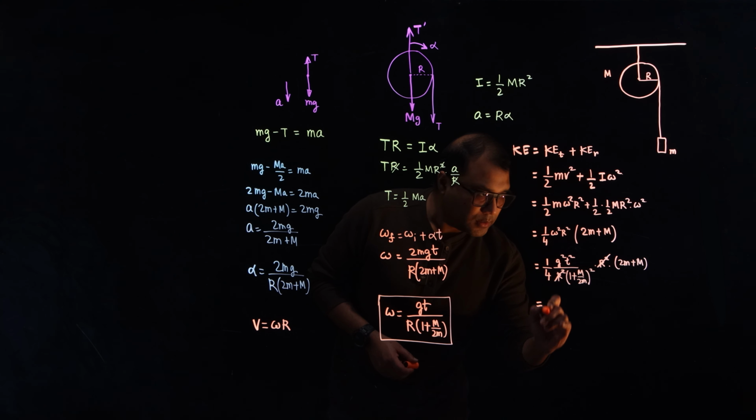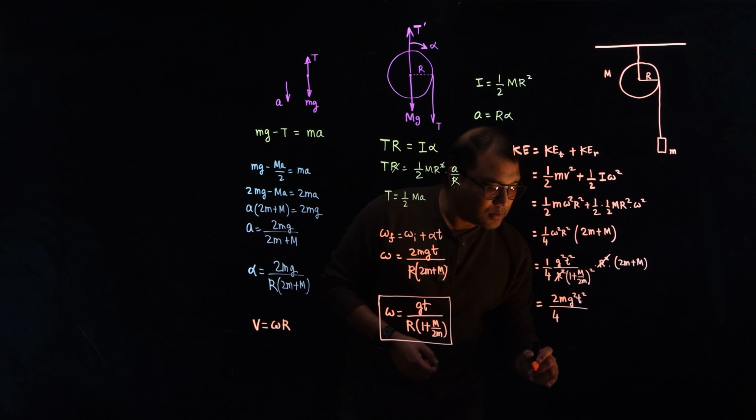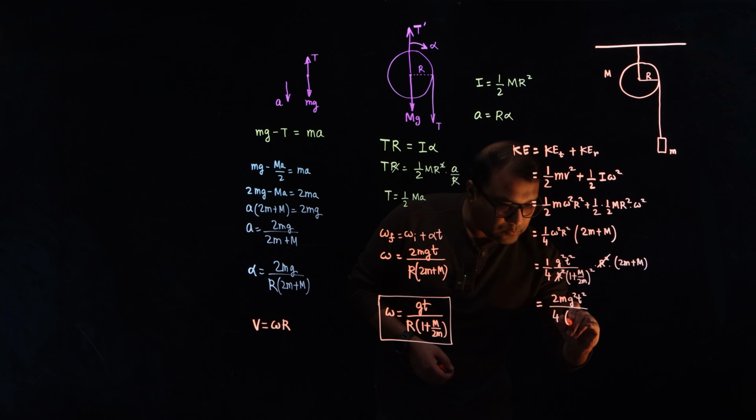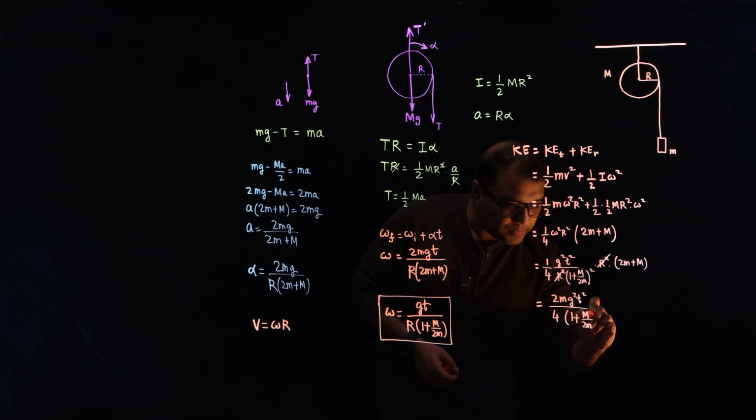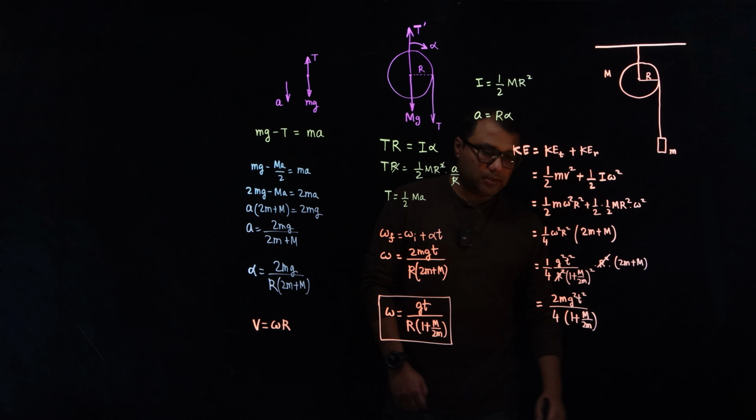Let's take 2m outside. So 2m g square t square by 4 times 1 plus M by 2m whole square, and here also 1 plus M by 2m. So one of these gets cancelled out.